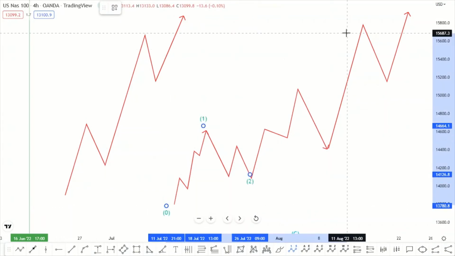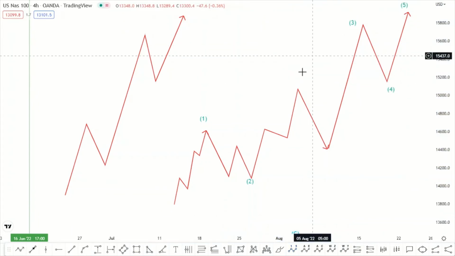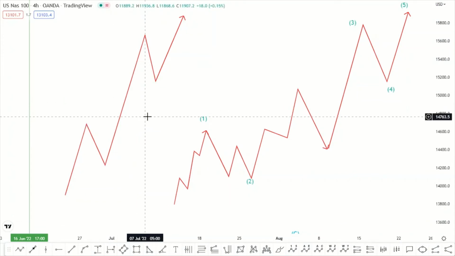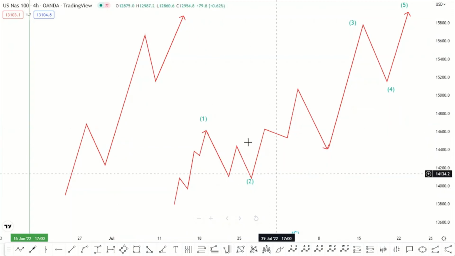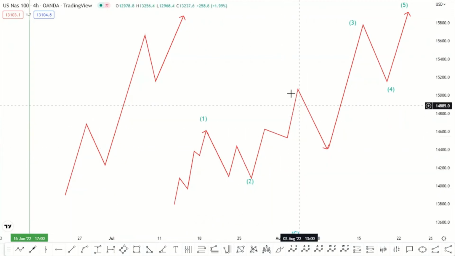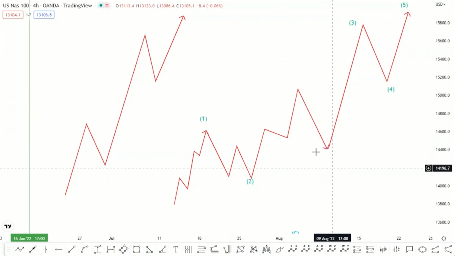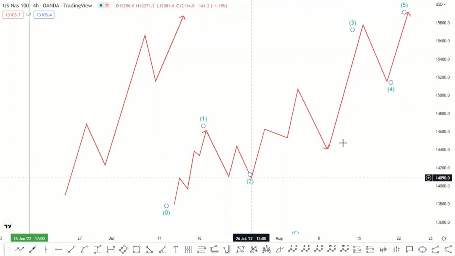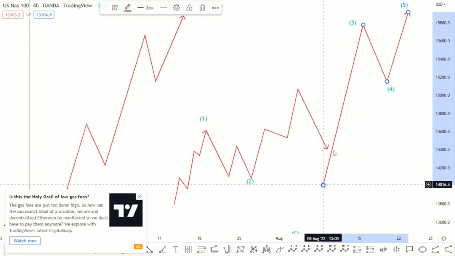So if we name this, it's going to be like this: 1 2 3 4 5, right? Because along the way over here, anything can happen. It can move sideways, but intentionally we're just making wave 3, right? So as you can see, it went sideways for quite some time and then continued, but it doesn't change the fact that this is still wave 1 and wave 2, because this did not move beyond this line.